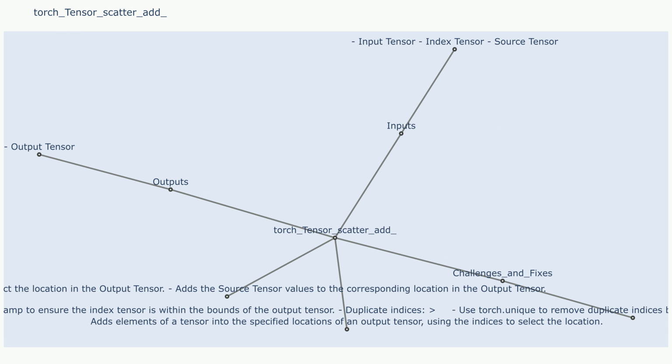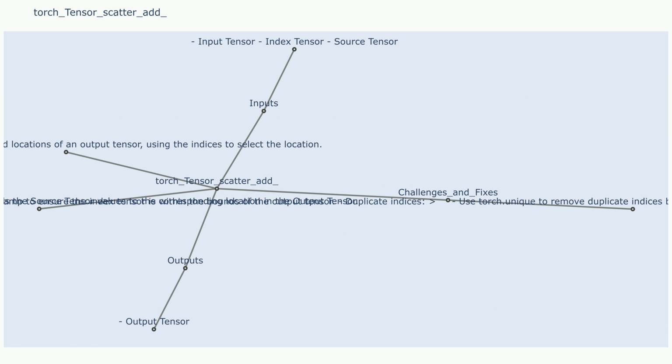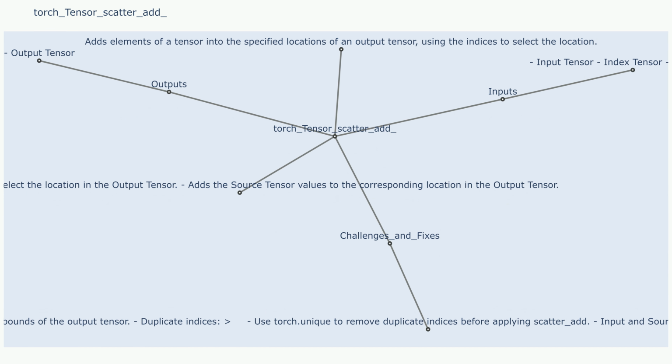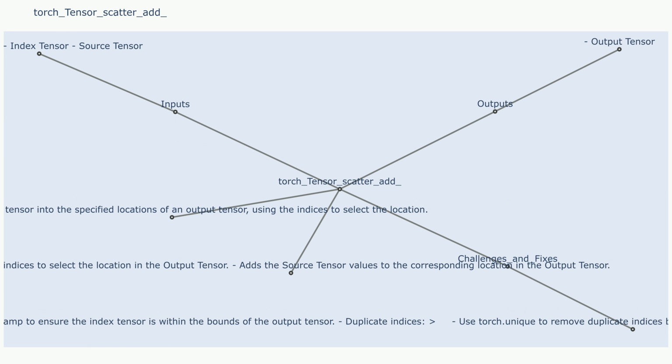Sample use case that resulted in challenge 2: if multiple indices point to the same location in the destination tensor, the elements from the source tensor corresponding to those indices will be added together and stored at that location. Fixes to challenge 2: if you want to avoid duplicates, you can use a unique index tensor or consider using a different function like scatter_add that does not perform in-place updates.